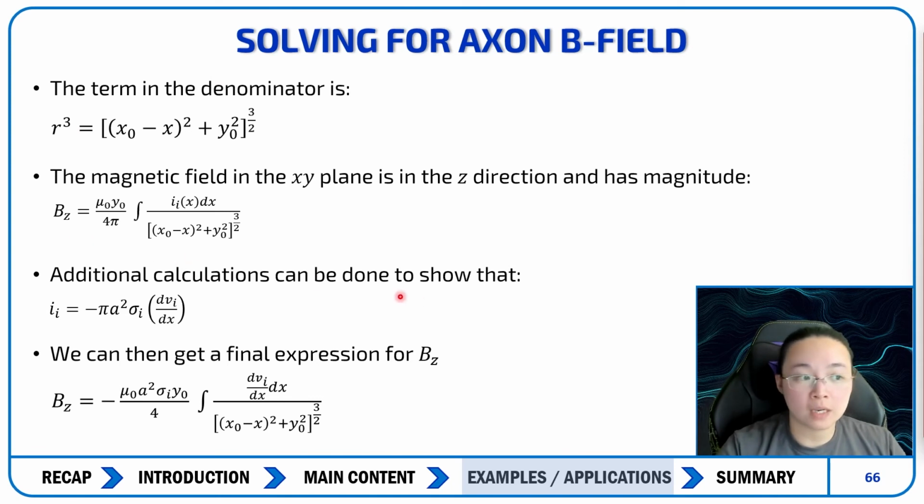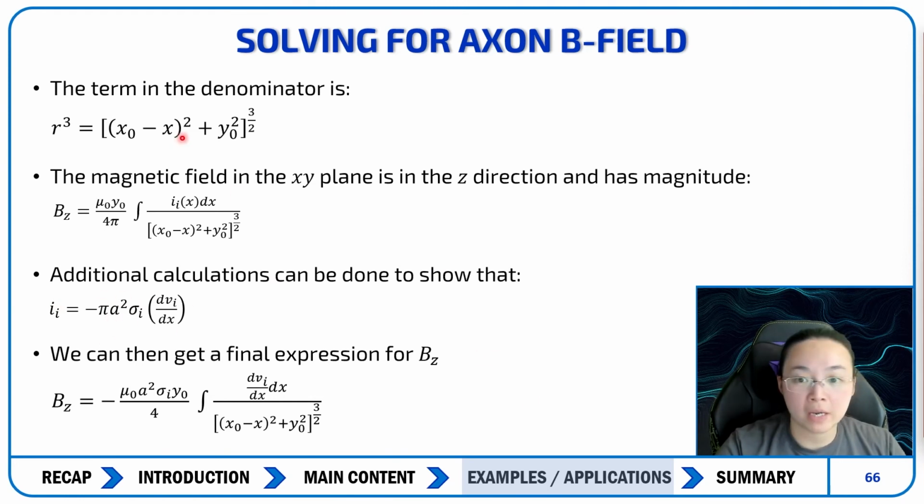Then we have to create an equation for the magnetic field based off of the Biot-Savart Law. So we have mu naught over 4 pi. We have the y naught from before, which we can factor out. And then we have our cross product over r squared. Additional calculations can be done to show that the current I is equal to this.